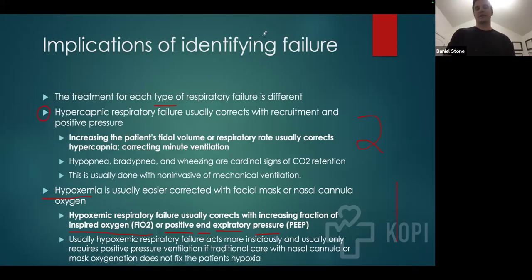When you're talking about treating hypercapnic respiratory failure, really what's going on is that the patient's minute ventilation is the issue. The minute ventilation is just the tidal volume times the respiratory rate. It's measured in liters.